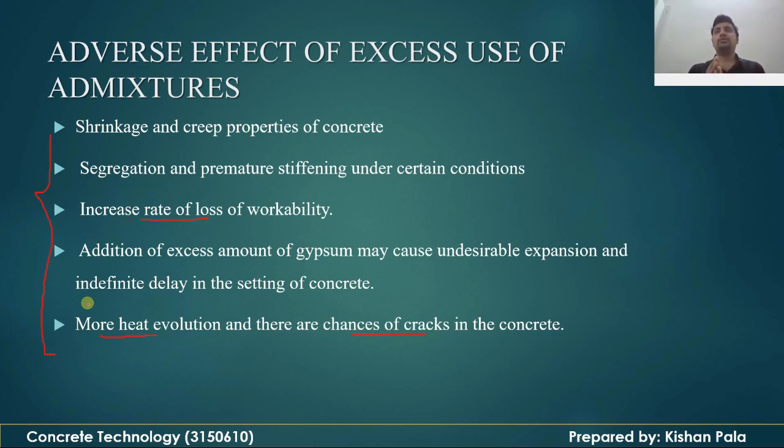So you have to do the trial and error method, and then you can get the particular doses of admixtures like super plasticizer, plasticizer, pozzolanic admixtures. So you have to finalize these doses with the trial and error method. So thank you.